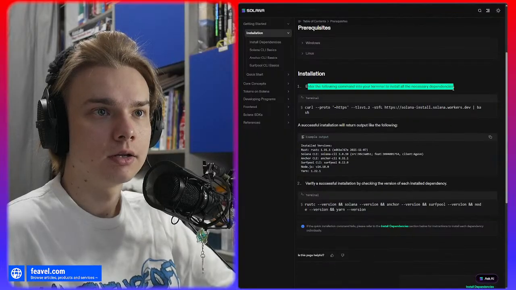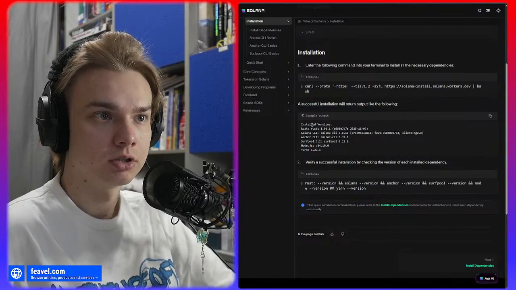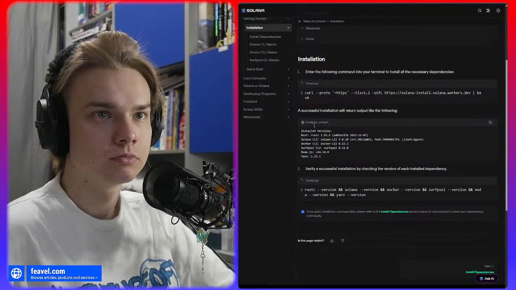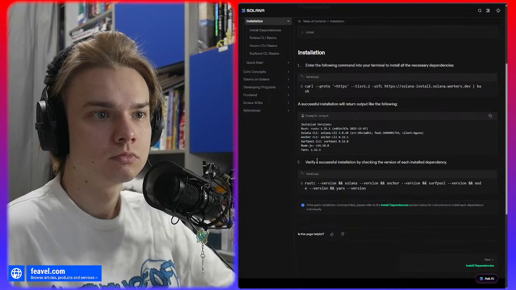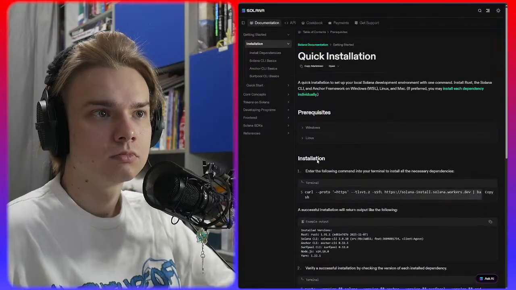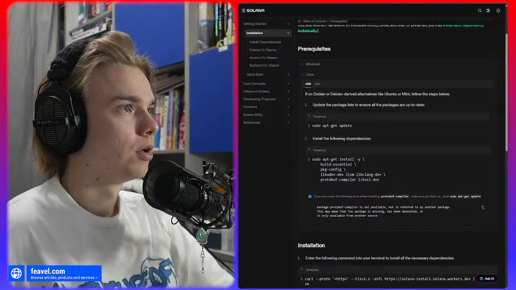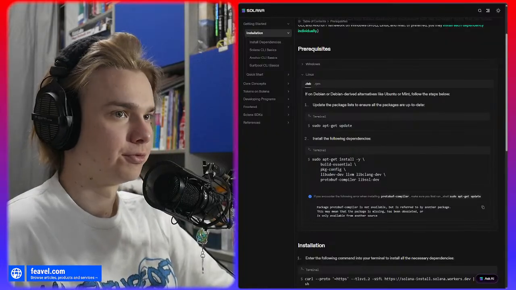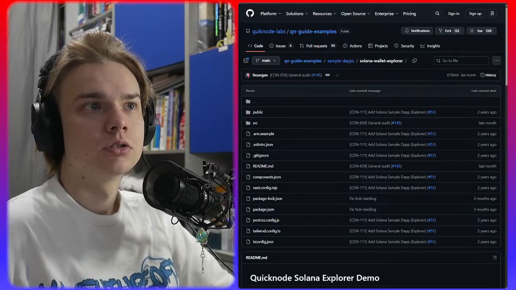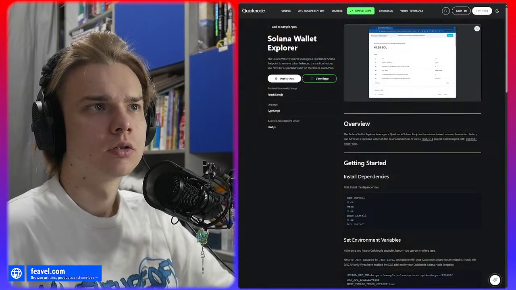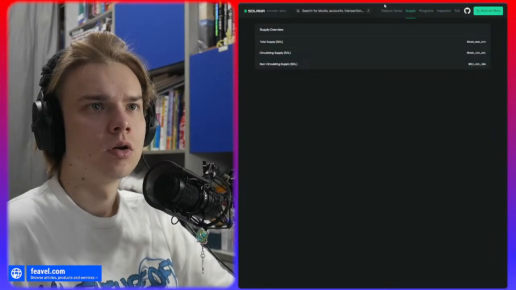Enter the following command line into the terminal to install the necessary dependencies. Successful installation will return output like this. I think we should do it, for the purpose of fun, because why not?